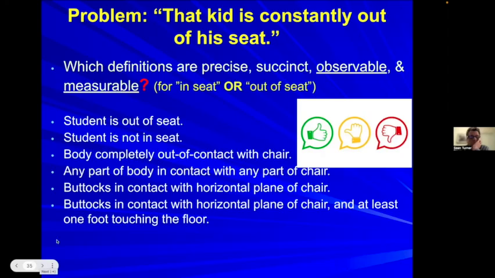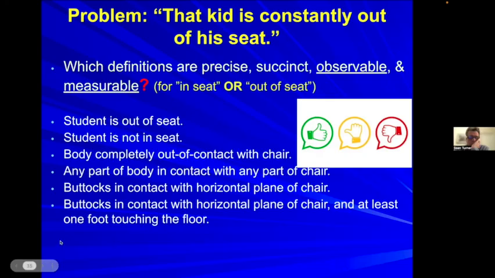But the following week, once he was successful with that, in order to get your reinforcement, your reward, your prize, your butt needs to be in contact with the horizontal plane of the seat. And once the student was accomplished at that, then we raise the ante. We demand more of him for that reinforcer: buttocks in contact with the horizontal plane of the chair and at least one foot touching the ground.